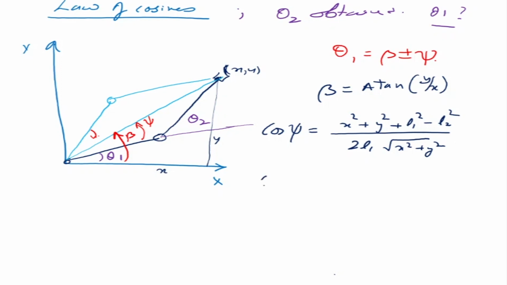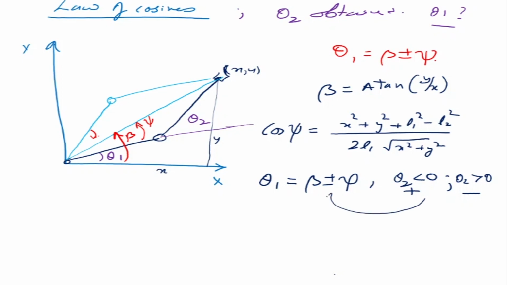So theta 1 is equal to beta plus or minus psi: if theta 2 is less than 0, then we take plus, and if theta 2 is greater than 0, we take minus for psi. Okay, so this plus minus is that. Having got cos psi, you can get psi from there. So this is a geometrical method of getting the solution of theta 1 and theta 2.